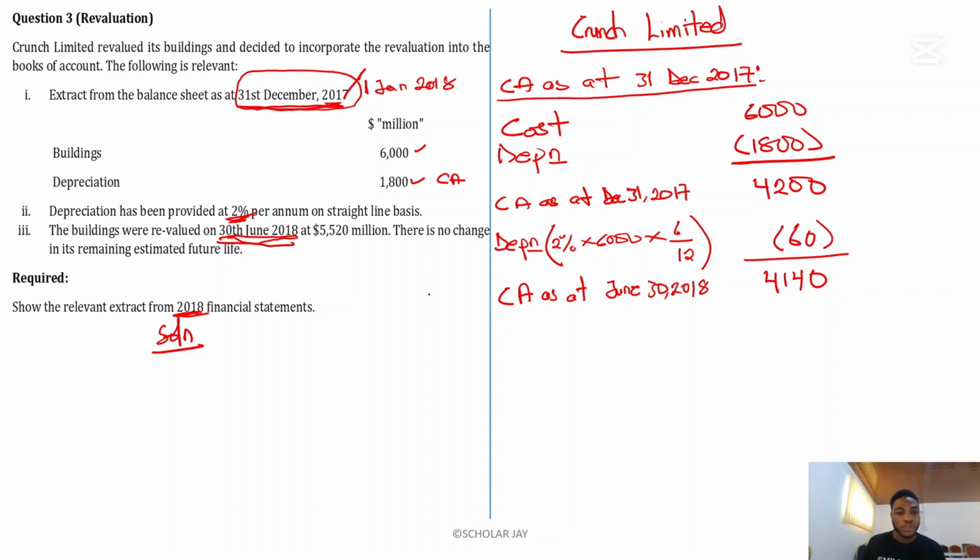So what is the revalued amount? The revalued amount is now 5,520. So let me write revaluation gain/loss. And you know why? If it's a loss, it means that it will subtract from this, so that if it's a gain, it will add up. So revaluation gain.